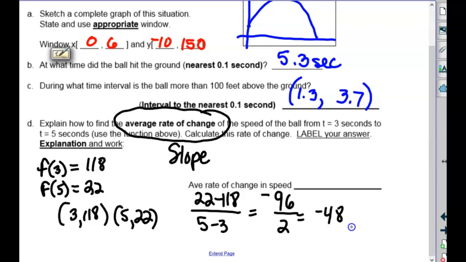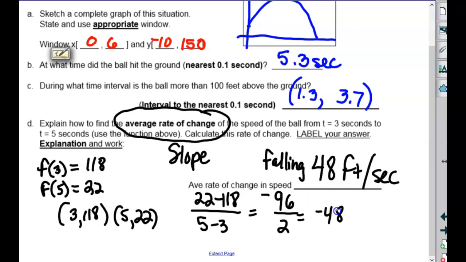Somebody else get negative 48? Okay. So what does that mean? Yes, it's falling 48 feet per second.